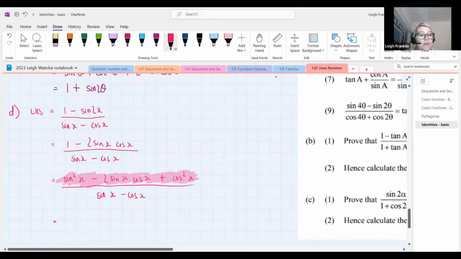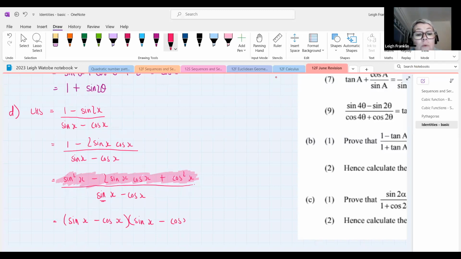And you notice I put the sine squared x at the front because I've got sine x at the front over here as well. Yes, because I'm creating a quadratic. Beautiful. Okay, so then that means I'm now going to factorize. So I'm going to have sine x minus cos x in the one bracket, and sine x minus cos x in the other bracket as well. And at the bottom, I've got sine x minus cos x.